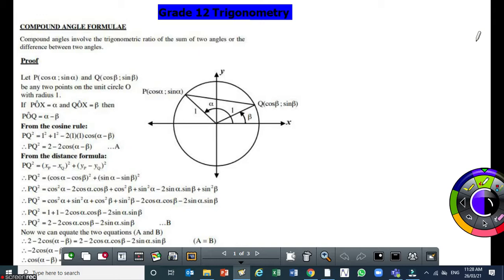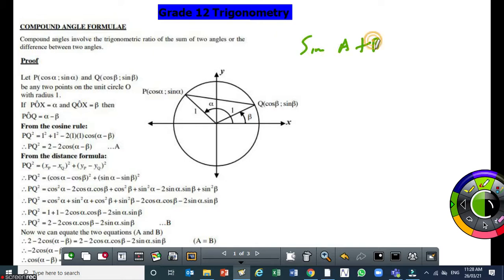Like for example, you may need to know what sine (A plus B) is. This can be simplified. Or say cos (A minus B). So we have trigonometric ratios of a sum and trigonometric ratios of a difference. That's the basic idea.